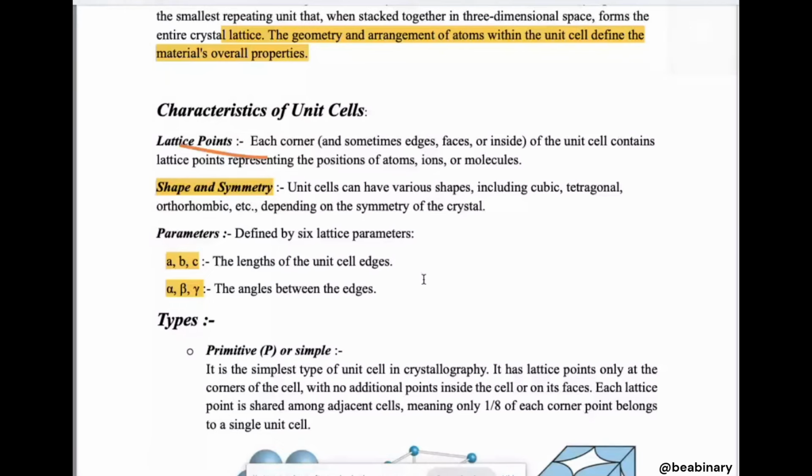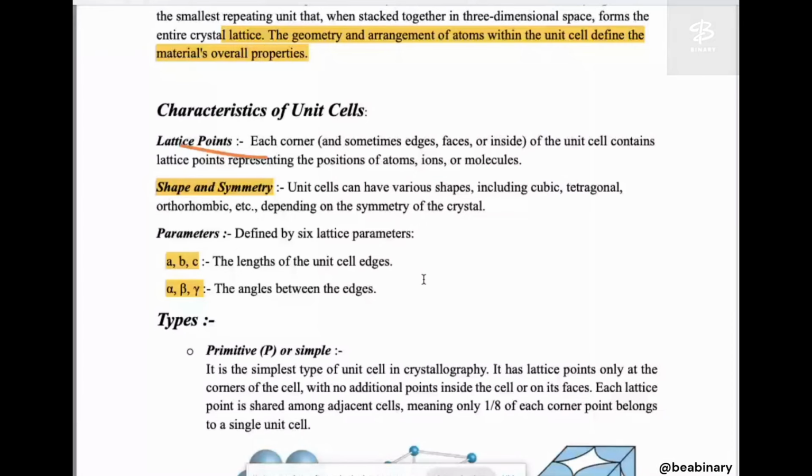Not 4, not 8, that is wrong. Try to think more. Come to the rectangle: how many edges are present in a rectangle? Four, yes, that's correct. If you give height to that rectangle, then you would have eight, right? Because there are edges at the bottom and at the top. And what about the height?